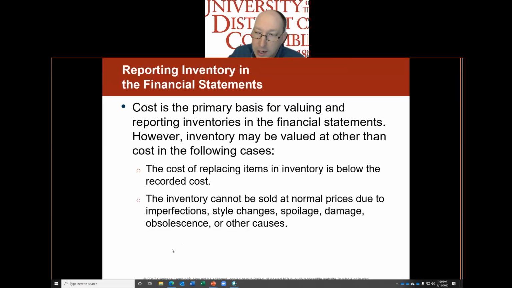Obsolete means it's been replaced by a more updated version of that product. It's kind of like the iPhone 7 became obsolete when the iPhone 8 came out, right? That same concept applies.